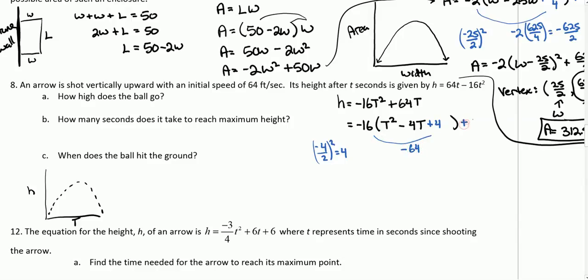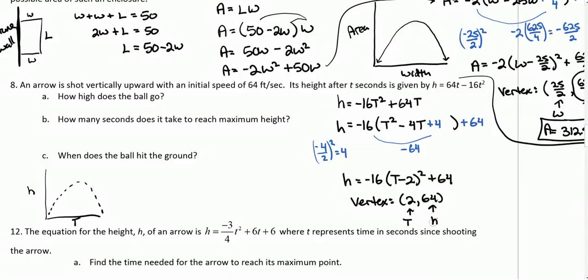So I add 64. And now factor, so the height is negative 16 times (t minus 2) squared plus 64. Our vertex is going to be (2, 64), where 2 is the time in seconds, and 64 is our maximum height.